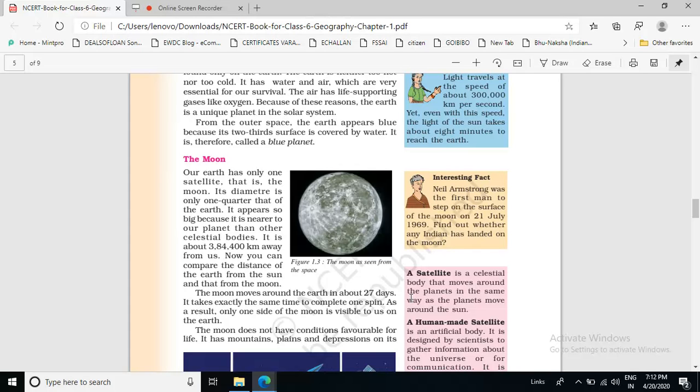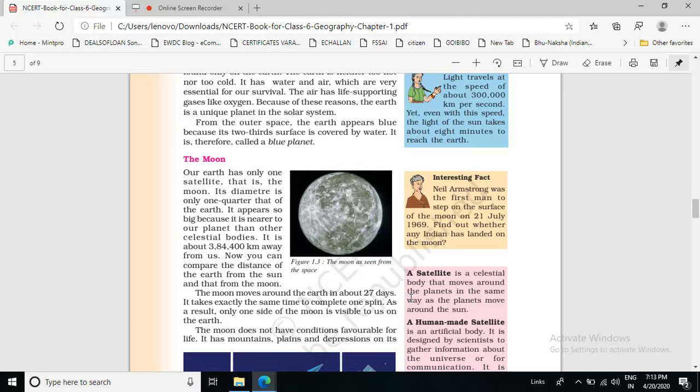From earth we are able to see only one side of the moon. We are never able to see the other side, because the moon takes the same time in revolving around the earth and in moving around its axis. So we are able to see only one side of the moon.